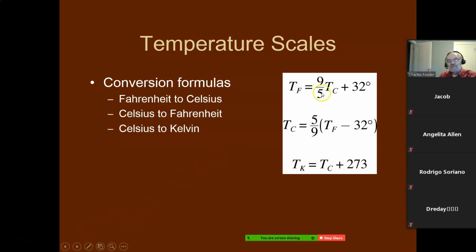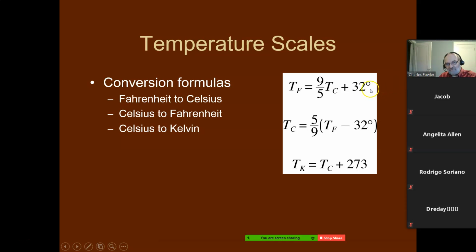Remember, you convert the Celsius degrees to Fahrenheit degrees, then add 32 to it. When you're going the other way, subtract the 32 from the Fahrenheit before you convert Fahrenheit to Celsius. Here it's a 9 to 5 because you have 9 degrees Fahrenheit for every 5 degrees Celsius, and that way the degrees Celsius will cancel out here, giving you Fahrenheit.